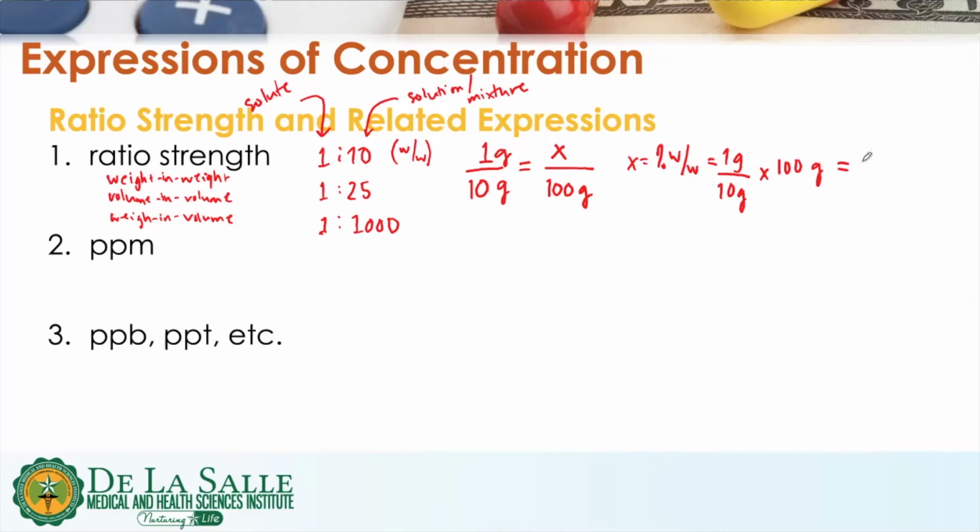So this will be equal to 10 grams. So 10 grams of solute are present in 100 grams of the solution. So the numerical value, that is 10, is our percent weight per weight. So that's equal to 10%.